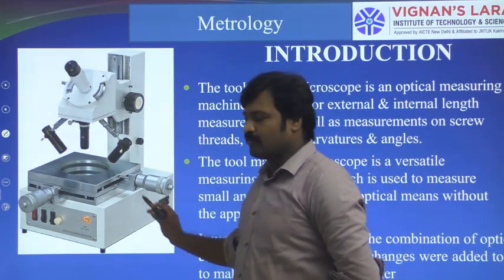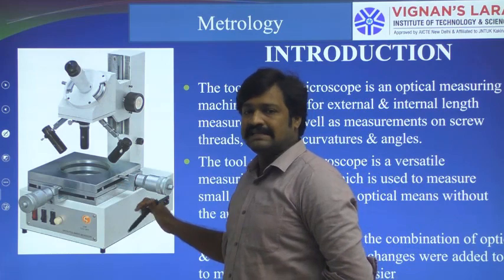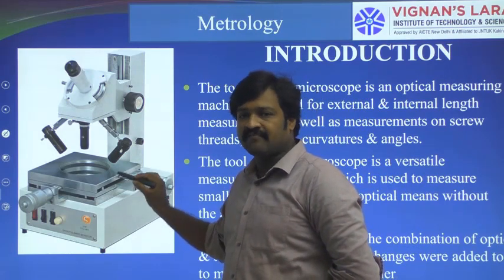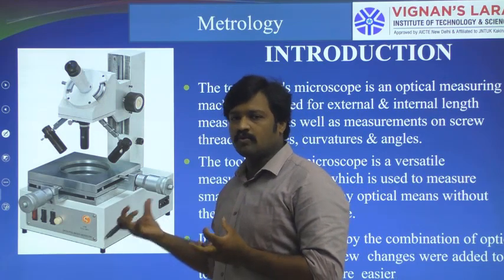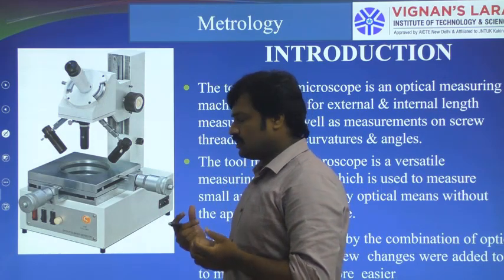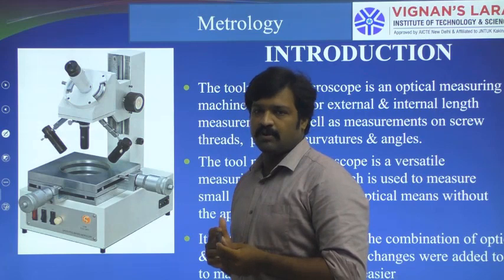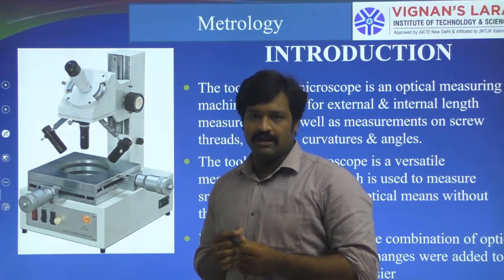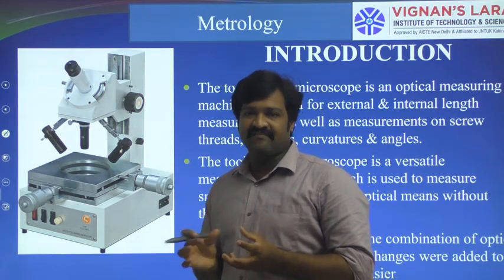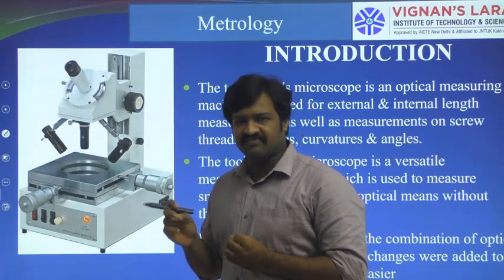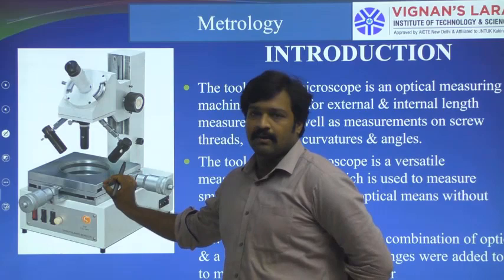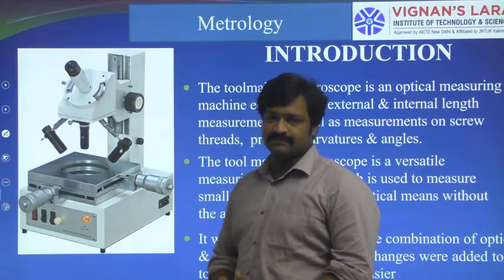By means of this tool maker's microscope we can easily identify the profile of the components, so that we can measure the distance between two components. It means two elements. For example, if we want to manufacture a screw, after manufacturing we have to verify the component. If the profile is very small, then we can use this tool maker's microscope.